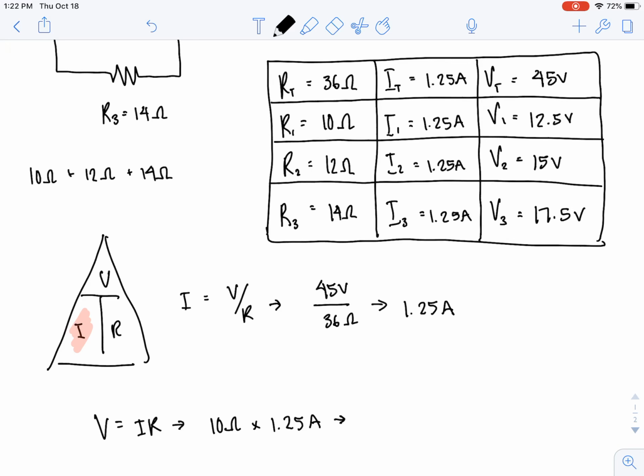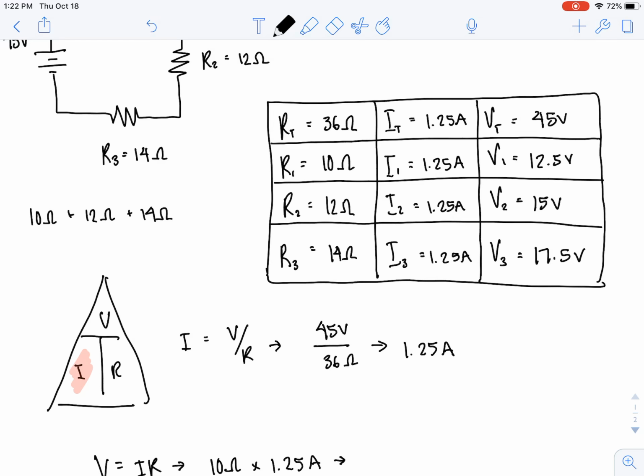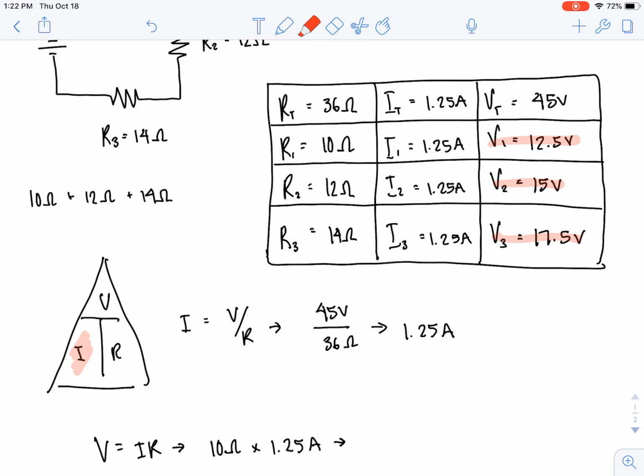But here's the big thing for the volts. Since you didn't know them before, you would have to calculate all of these. But to make sure that it's correct, I would always add them up. When you add them all up, they should equal the voltage total. So 12.5 plus 15 plus 17.5. Let me erase this.